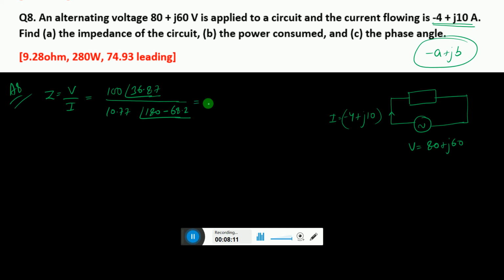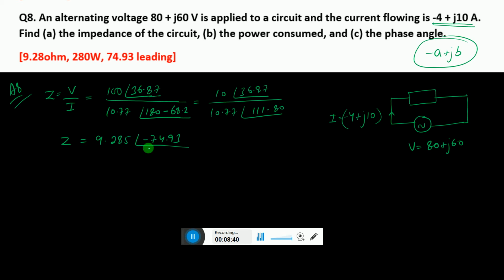That is very important. So you have here 100 angle 36.87 divided by 10.77 angle 111.80. So I can write this as 9.285 angle of minus 74.93. That's the value of Z.